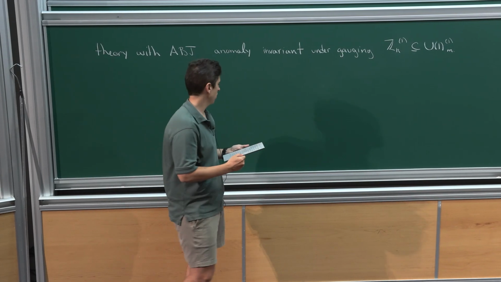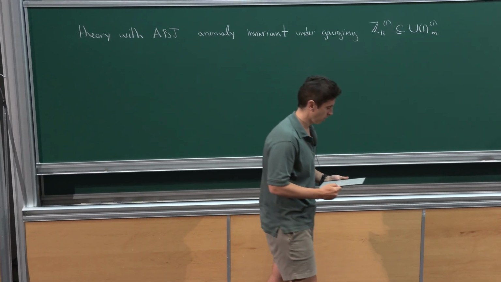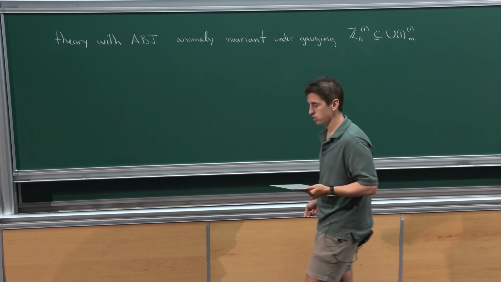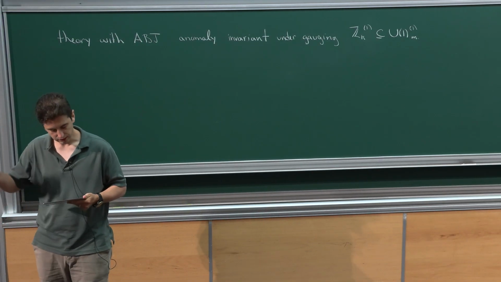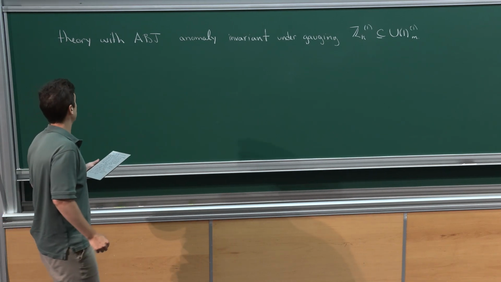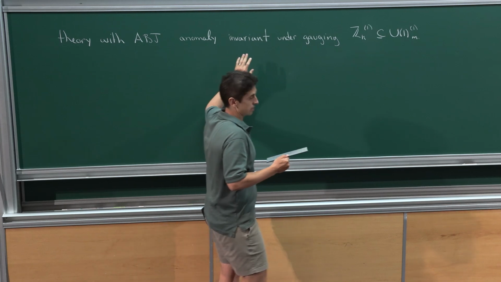Okay, great. So we stopped kind of in mid-sentence in the morning. We were working on an alternate construction of these topological defects related to ABJ anomalies. And as an intermediate step, we had shown that a theory with an ABJ anomaly had this interesting property.